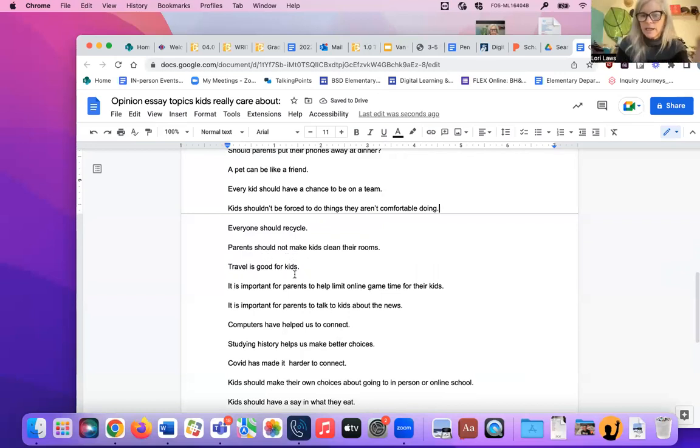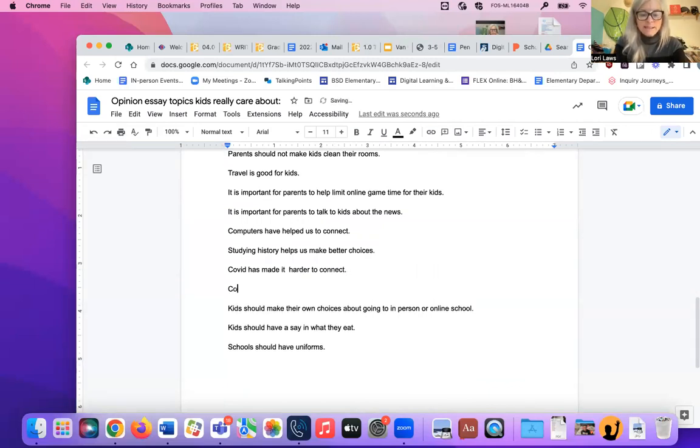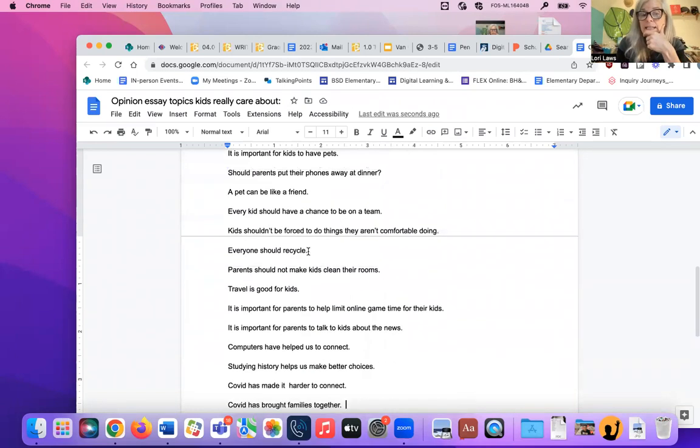Travel is good for kids. Computers have helped us to connect. Studying history helps us make better choices, Lauren. COVID has made it harder to connect. COVID maybe has brought families together. Maybe you feel that way because now you hang out with your family all the time, and otherwise you would have been gone all day.